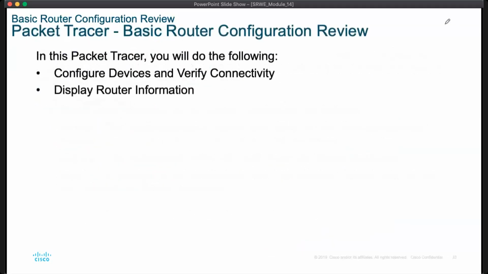Packet Tracer. This Packet Tracer will help you to understand the basic configuration of a router. In this activity, you will do the following. First, configure devices and verify connectivity.